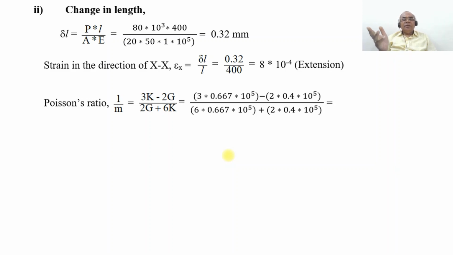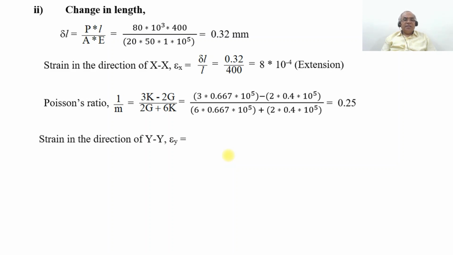That will be equal to 3 into K, which is 0.667 into 10 to the power of 5, that we have calculated, minus 2 into 0.4 into 10 to the power of 5, which is given, divided by 2G, plus 6 into 0.667 into 10 to the power of 5 plus 2 into 0.4 into 10 to the power of 5, that is G. So on simplification, you are going to get 0.25.